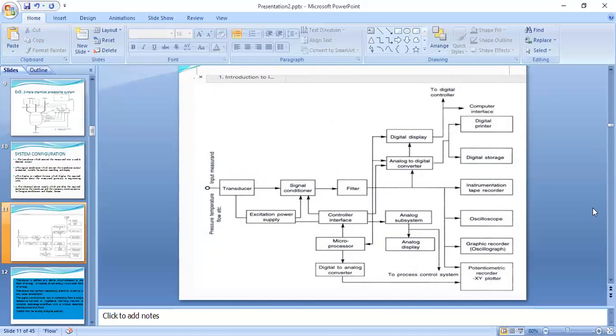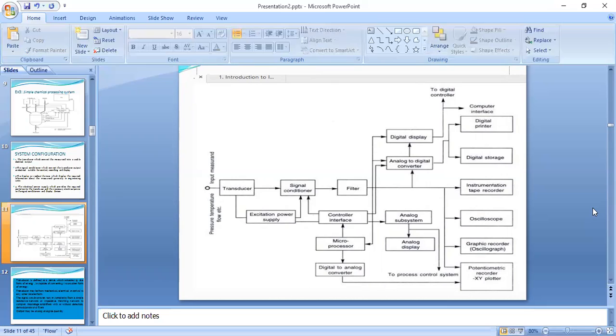Then another form of the transducer output uses the microprocessor with digital displacement or analog to digital converter.